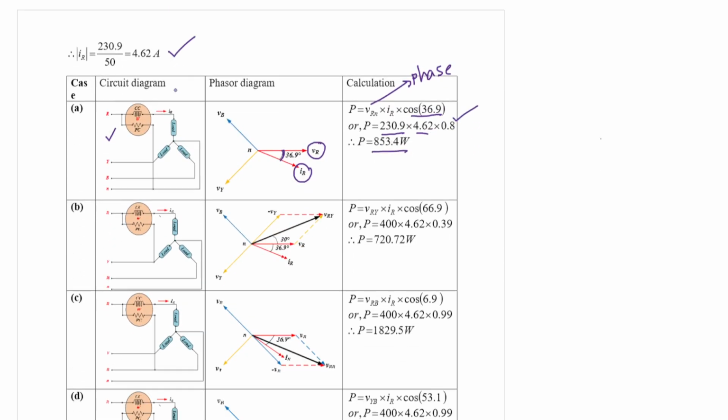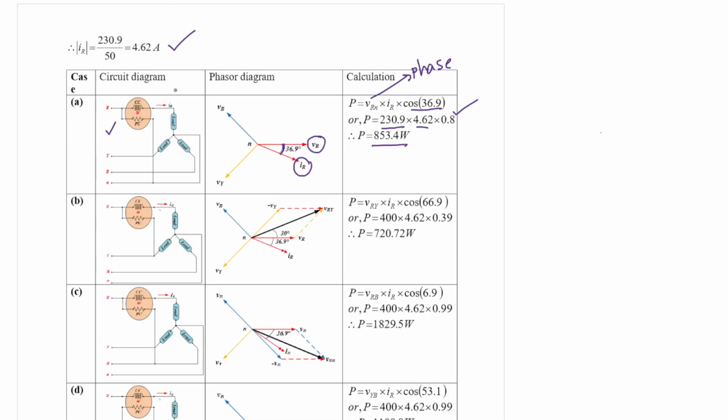Now if you consider the second diagram, the current is IR, okay, but now the pressure coil is measuring VRY.